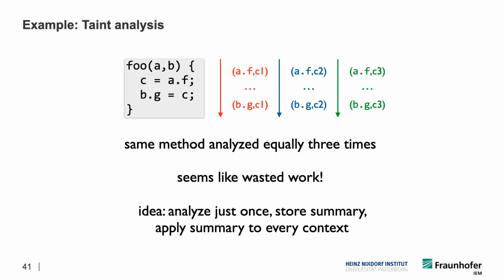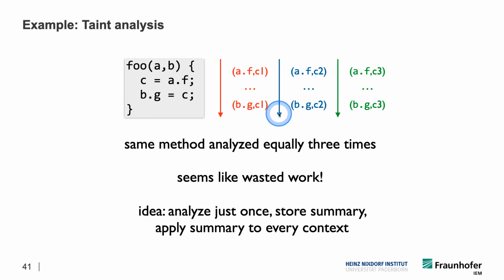So the idea is, wouldn't it be nice if there were a way to analyze this procedure just once? We would analyze it here and somehow store a summary that tells us, okay, when I analyze this procedure under a context in which a.f is tainted, I know that in the end, b.g becomes tainted.